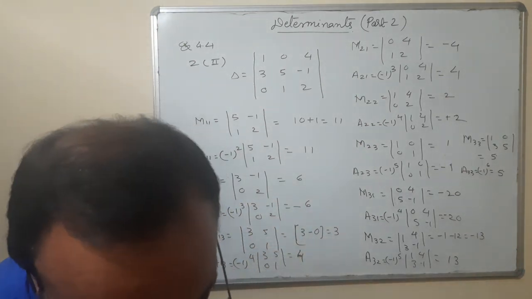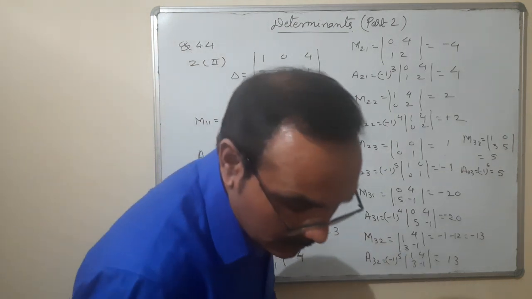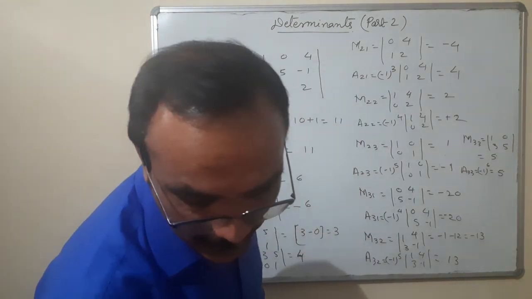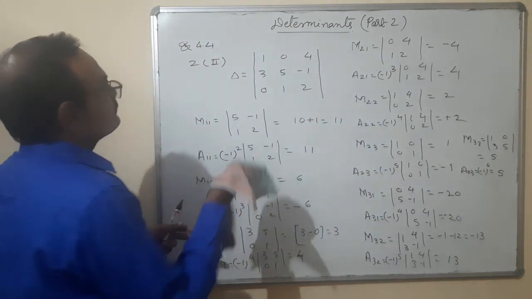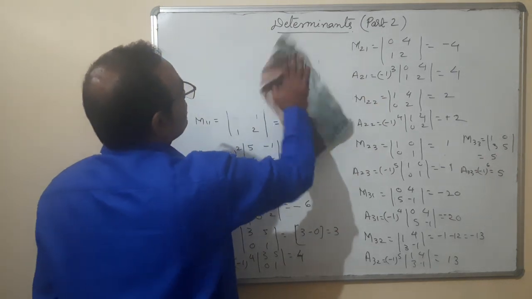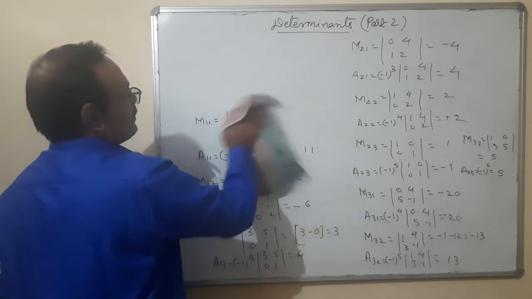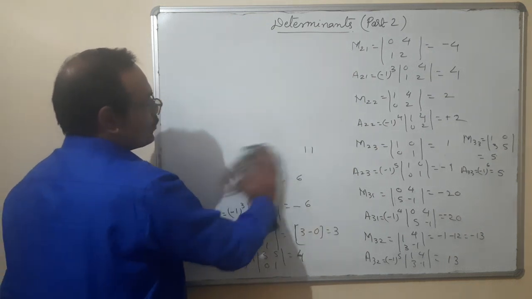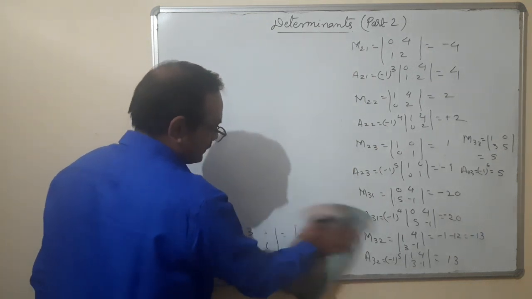Okay. Now we are discussing the adjoint of a matrix. How to define the adjoint of a matrix?